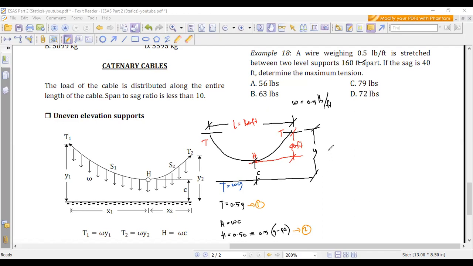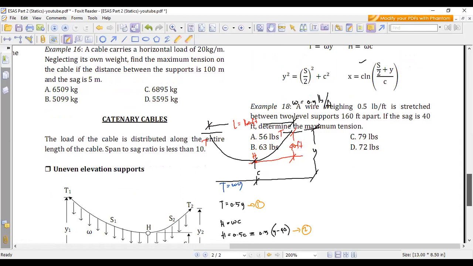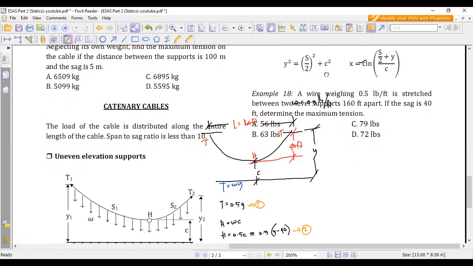Other formulas need to be used. We have this formula: Y square is equal to S over 2 squared plus C square.